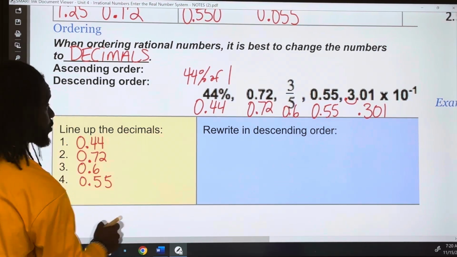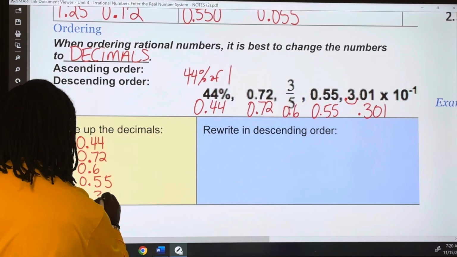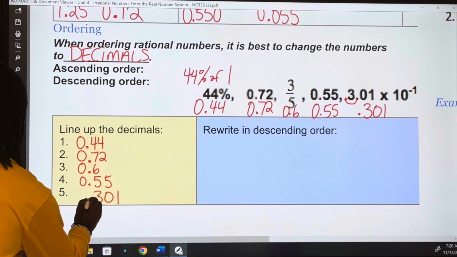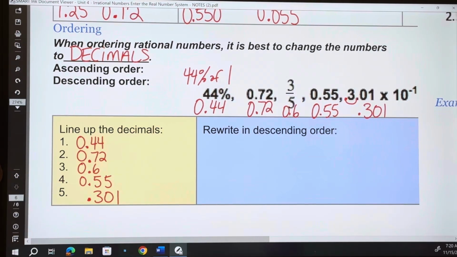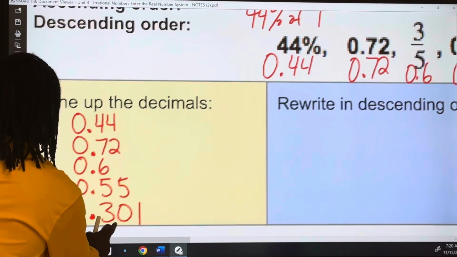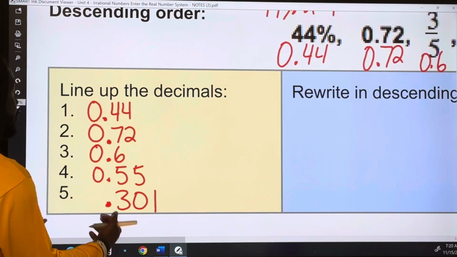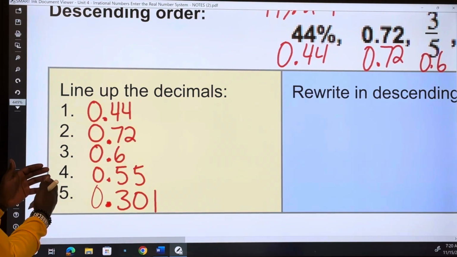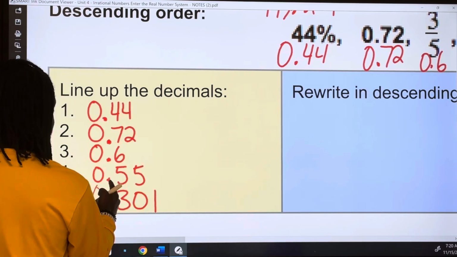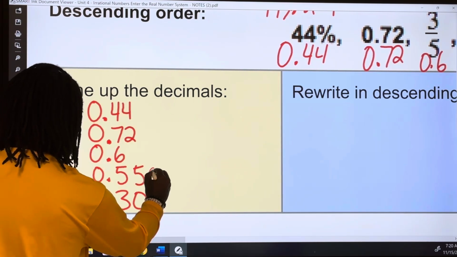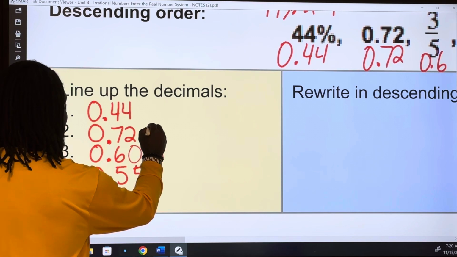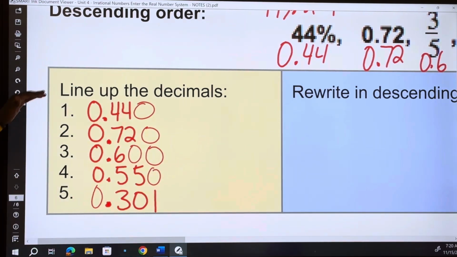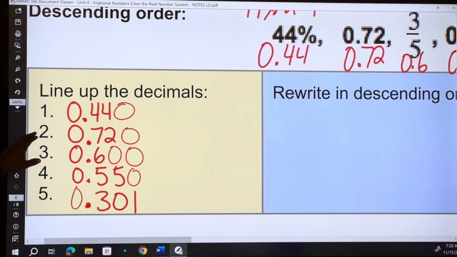Actually, I'm sorry, I wrote that the wrong way. It is 0.301, okay? And so, again, I've lined them up so that the decimal is all in the same spot. Then I would fill in zeros so that they all have the same number of digits. The biggest one has 3 digits, so I'm going to make sure each of them has 3 digits, okay?